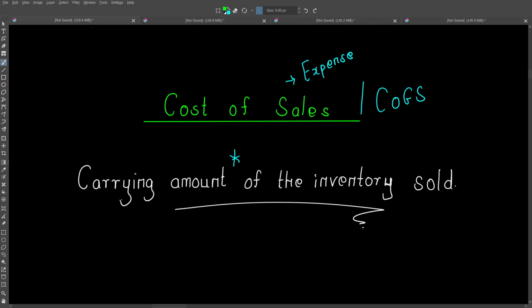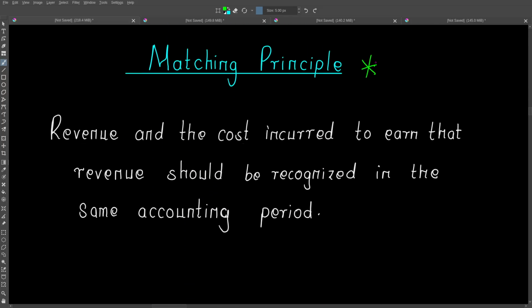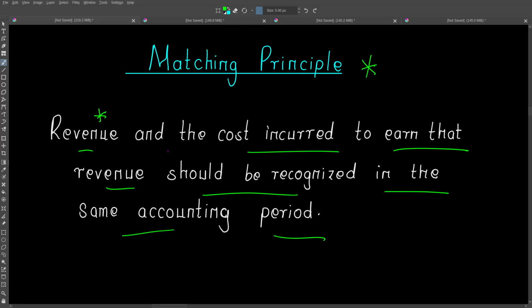And why are we recognizing cost of sales at the point of sale? Because of the matching principle. The matching principle expects that the revenue and the cost incurred to earn that revenue should be recognized in the same accounting period. So when you recognize revenue, you make sure you recognize as well the cost that you have incurred to earn that revenue.